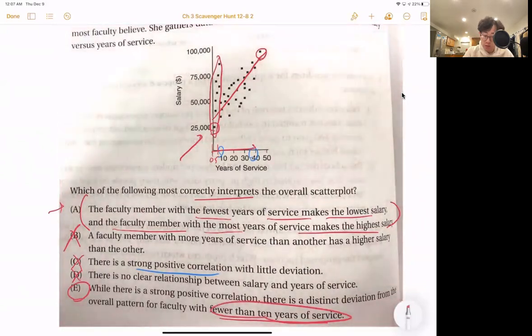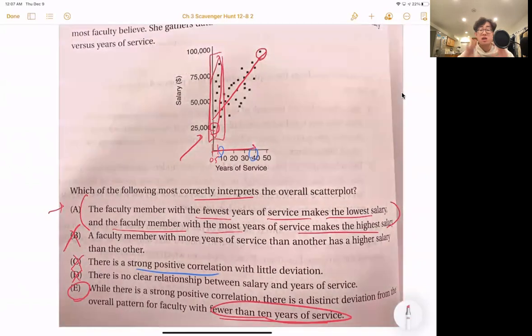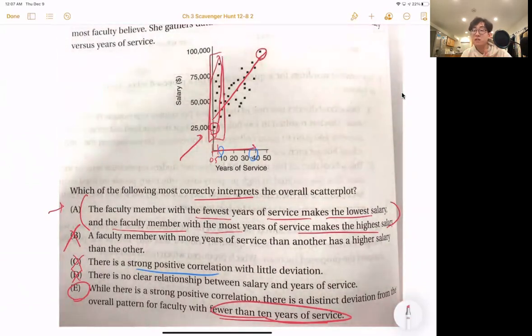Before 10 years, if you look at all those data points, something fishy is going on. It doesn't follow the trend well. You want to point that out rather than the lowest and the highest, which is very rudimentary. E is a much more in-depth answer. A is technically true, right? But E is the better answer.